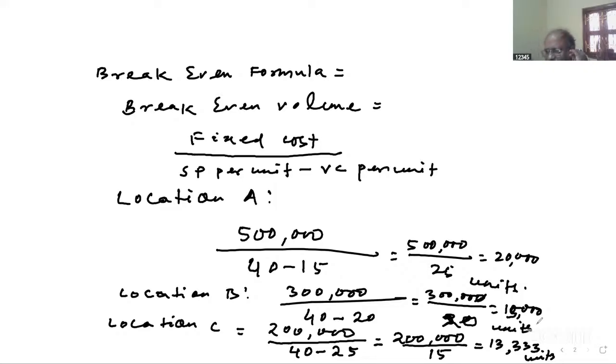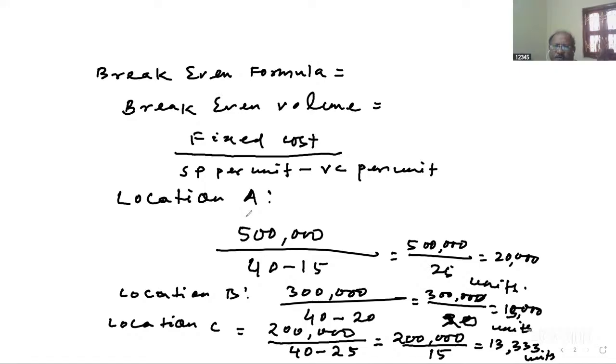So location C is the most attractive with the lowest break-even point. But however, look at the volume. When we take into consideration the volume, say 20,000 units, location A becomes more profitable.